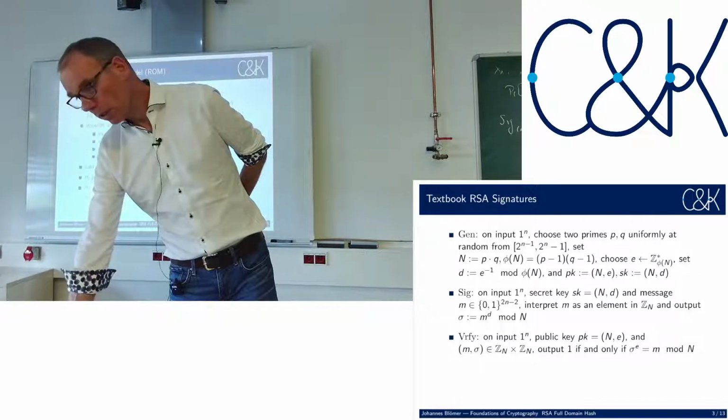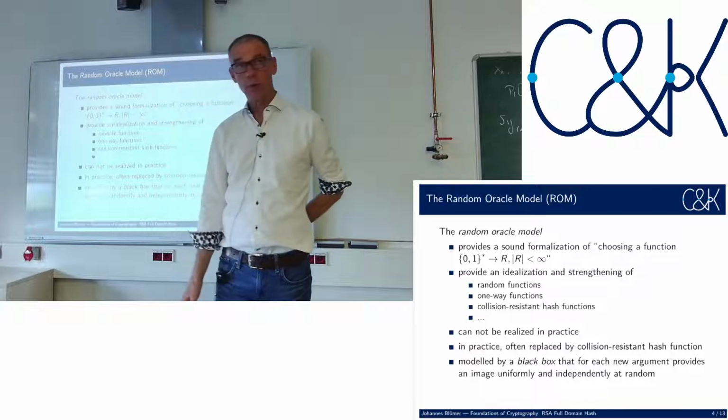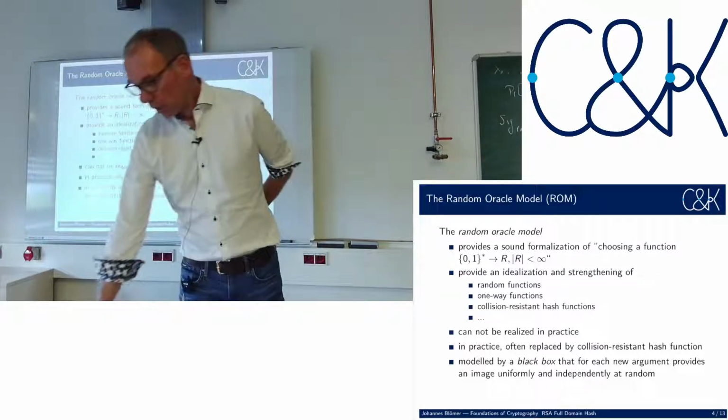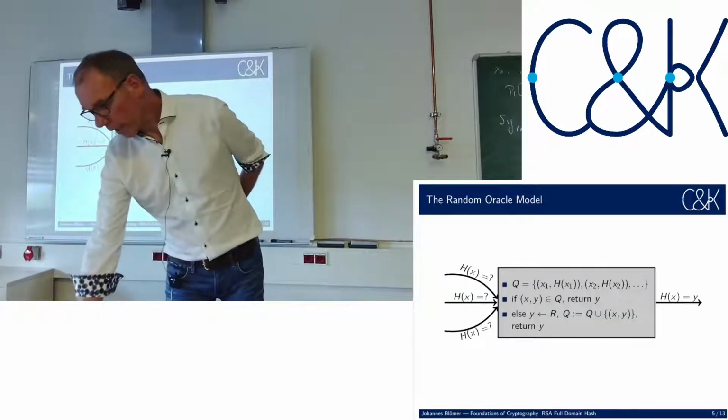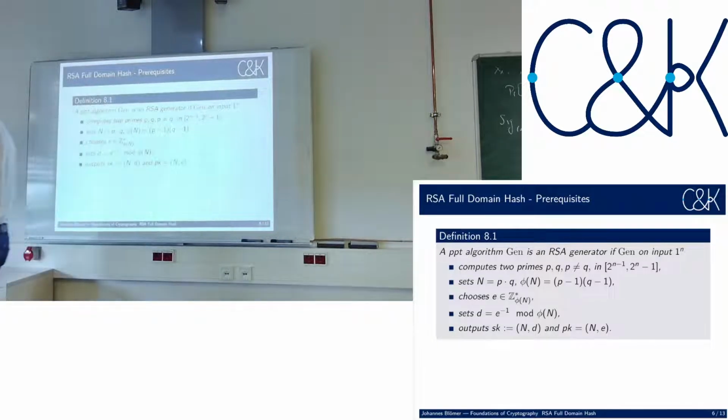Okay? So now we want to combine this with a random oracle model. But we still have to make a few assumptions about this RSA signature scheme.